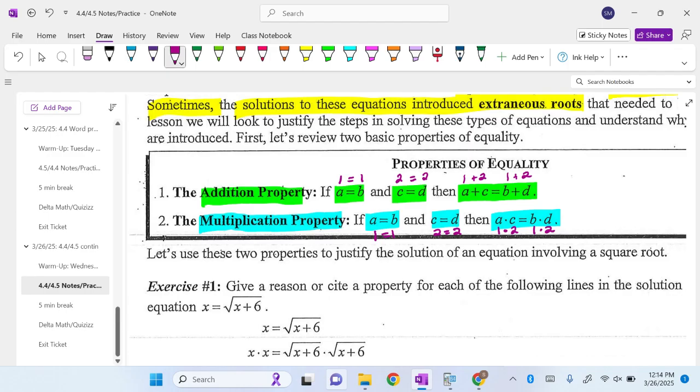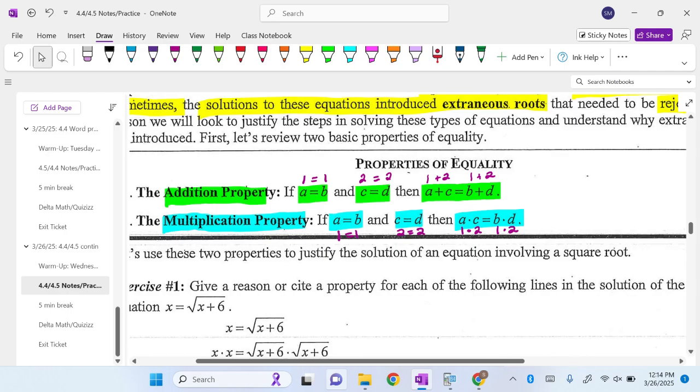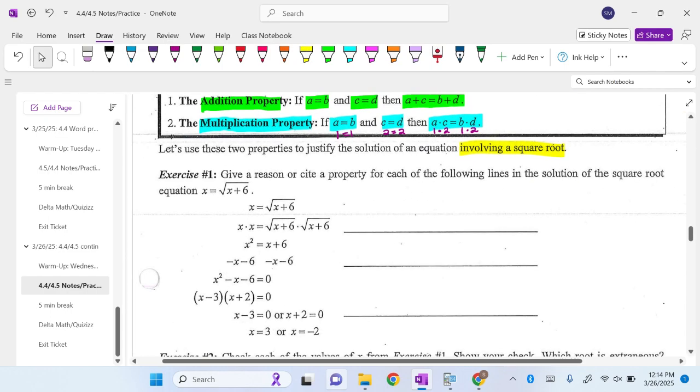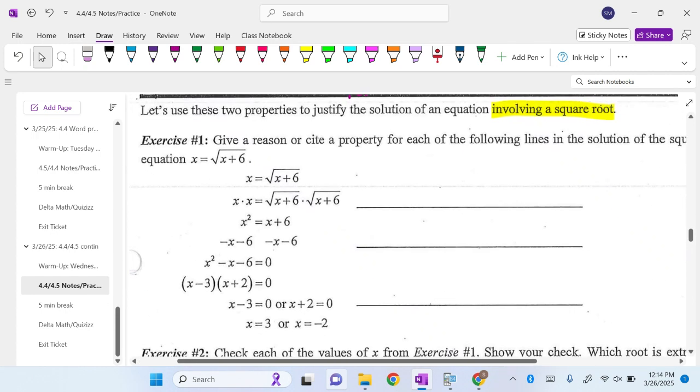Now we're going to use these two properties to justify the solution of an equation involving a square root. They already worked out the steps, but we're just going to say it's true because of this property.